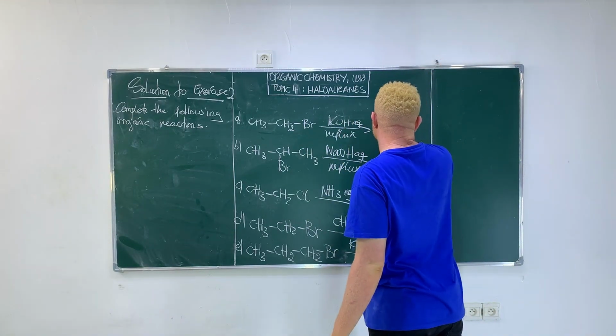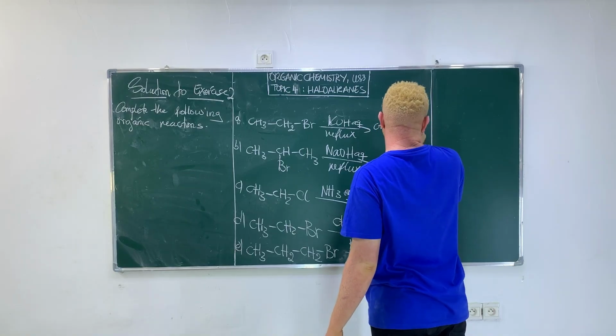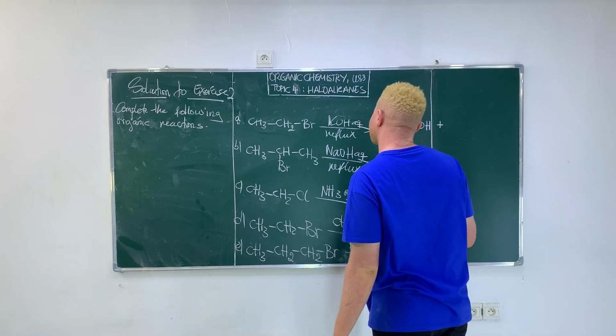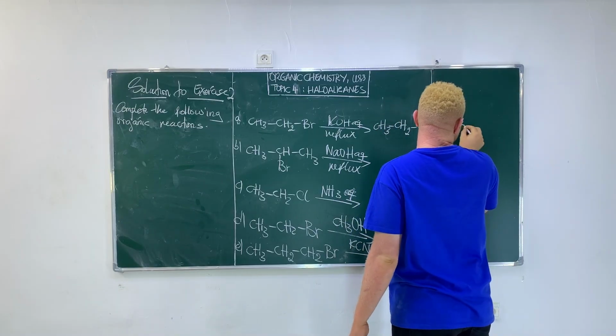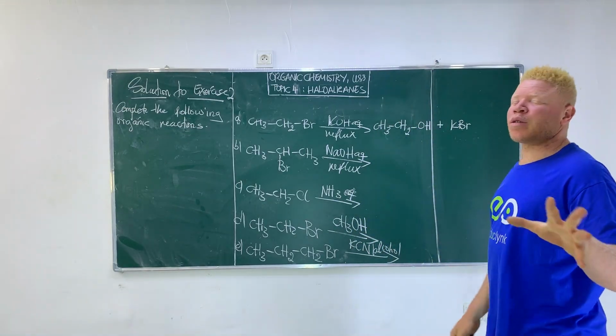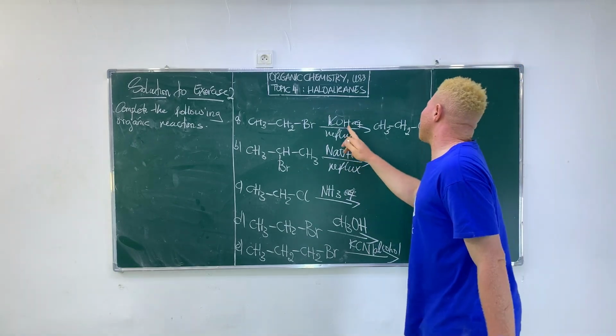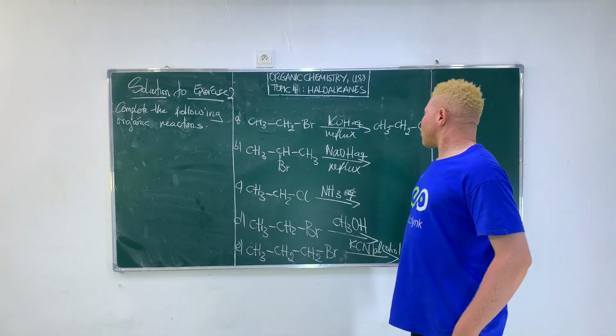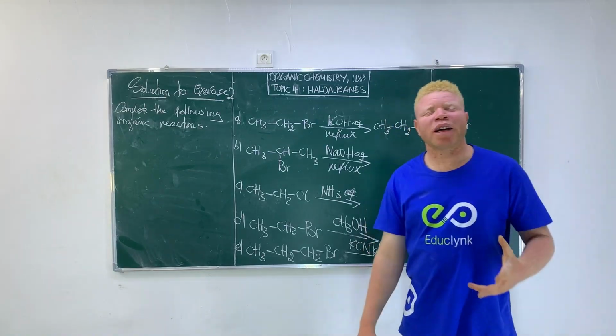So we're having CH3CH2OH plus KBr. The reaction is nucleophilic substitution such that the OH group replaces the halogen. The second reaction is the same scenario.